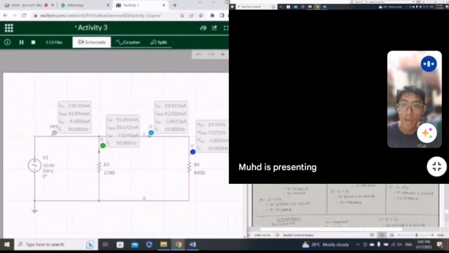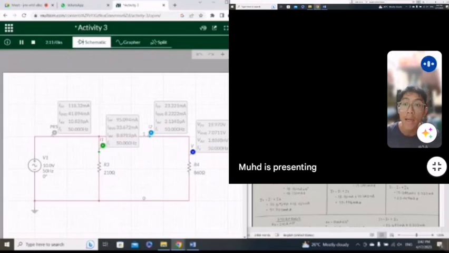The formula to find I1 is VT divided by R3, which is 7.0711 volt multiplied with 0 degrees divided by 210 ohm multiplied with 0 degrees.